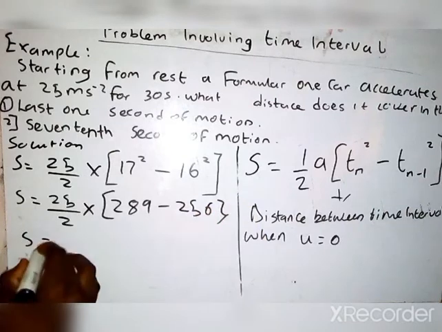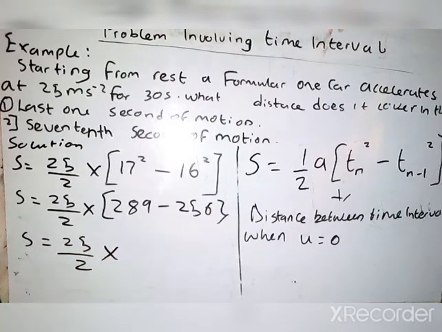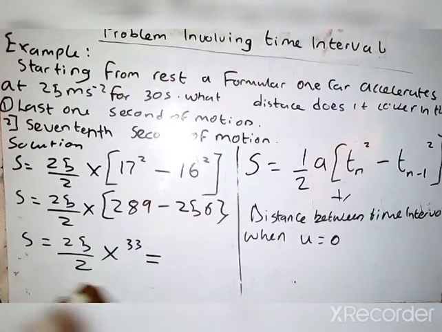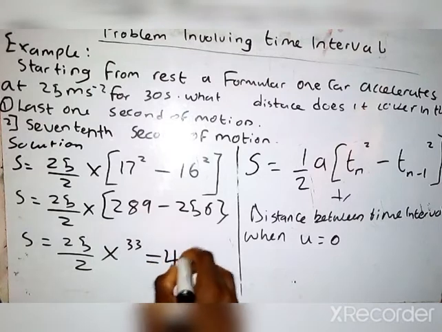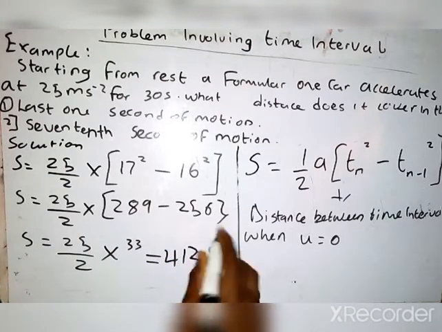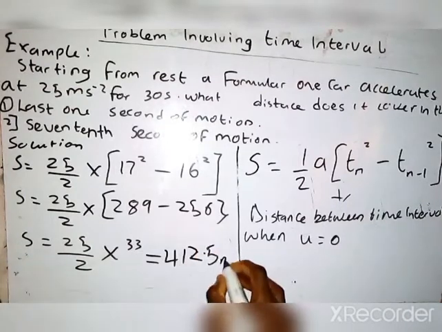So we now have s equals 25 over 2 multiplied by 289 minus 256, that's 33. Right. So when you press this in your calculator, we finally have 412.5. So this distance is measured in meters.